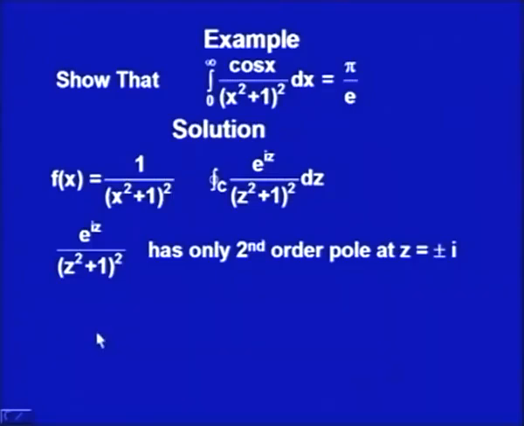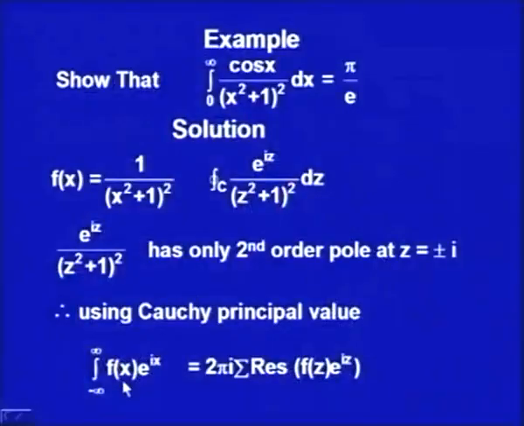So, we can apply the Cauchy principal value, because I would have only one pole of order 2 in the upper half plane. We could use that the integral minus infinity to plus infinity f x e to the power i x dx should be 2 pi i times the summation of residues of f z e to the power i z.